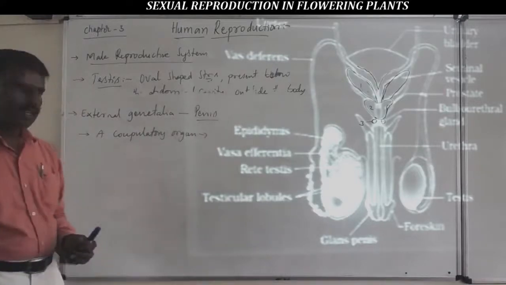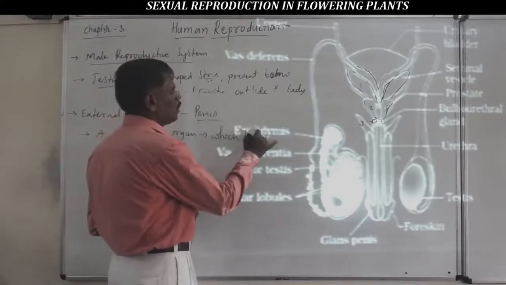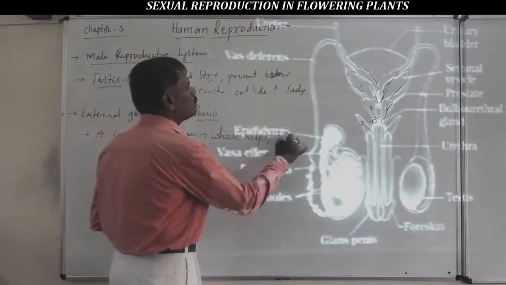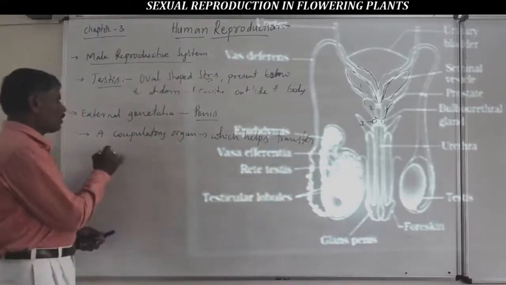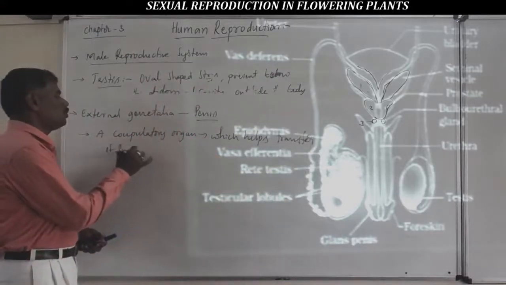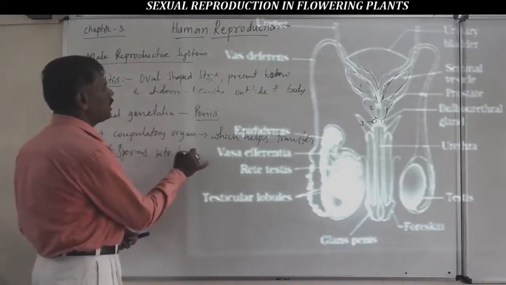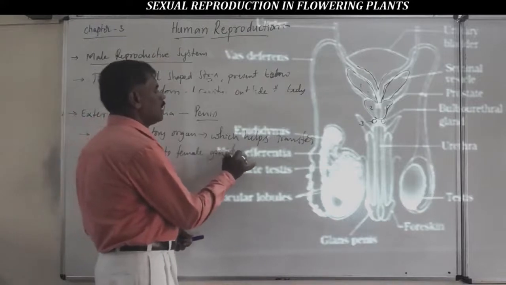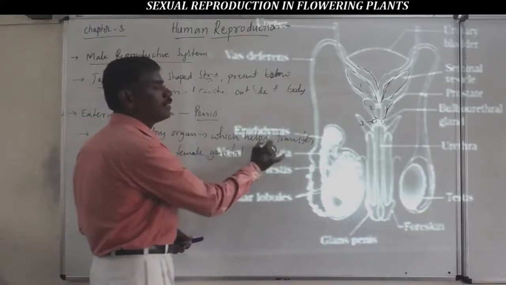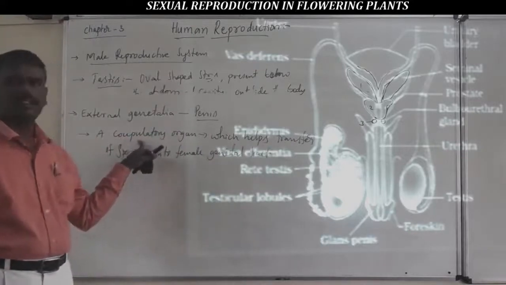The copulatory organ means it helps in the transfer of sperms into the female genital tract. So by the help of the copulatory organ.